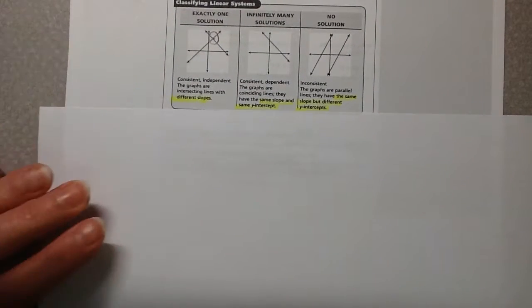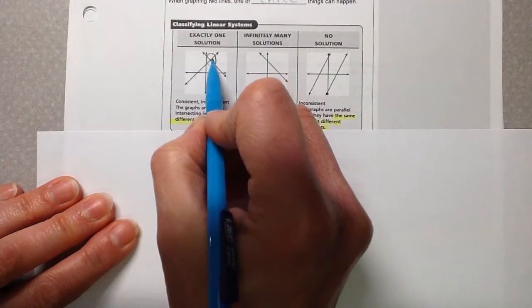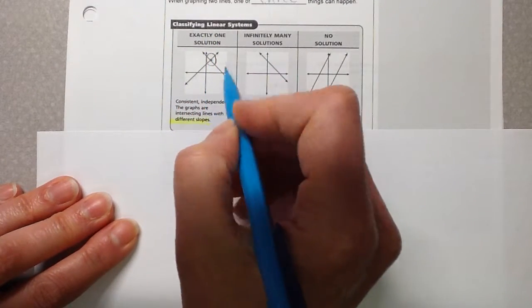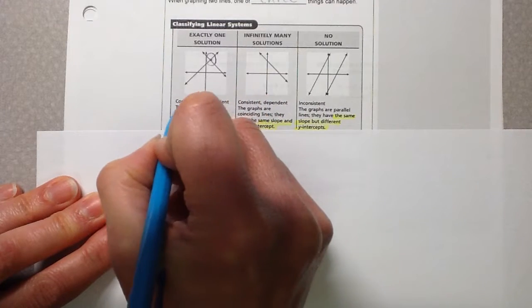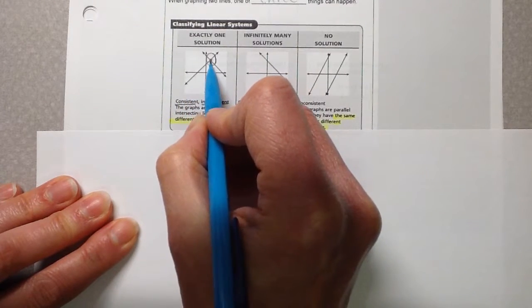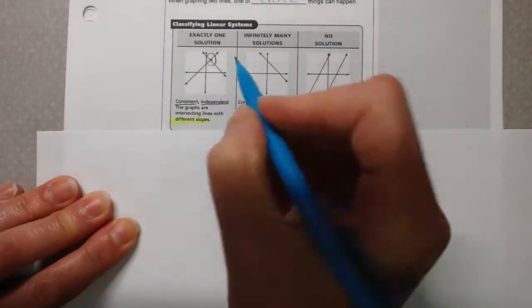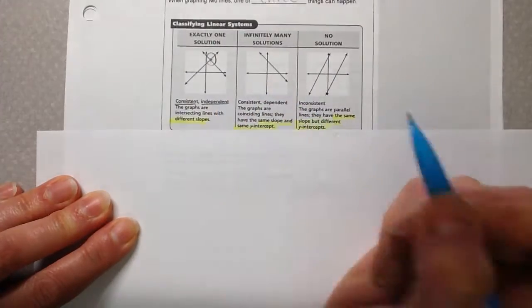Okay, now, when you graph two lines, one of three things can happen, and I have a little table down here for you. You can have one point of intersection, which means you have a solution. If that happens, we call this system consistent and independent. So think of independent. People who are independent, they like to work by themselves or in a group of one. So one solution, independent.